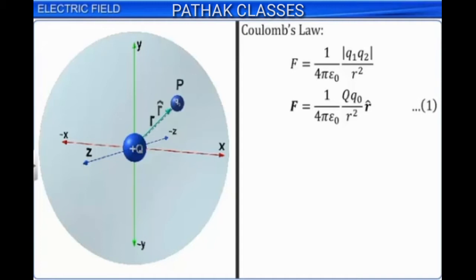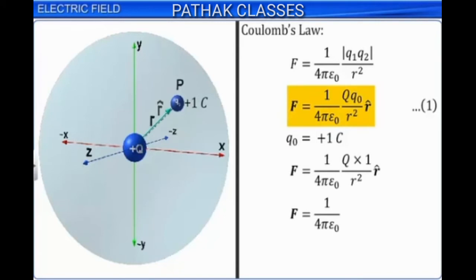Now, if q0 is a unit positive charge, that is, q0 is equal to plus 1 coulomb, then the electrostatic force as denoted by equation 1 becomes 1 by 4 pi epsilon naught q by r square into r cap. Let this be equation 2.